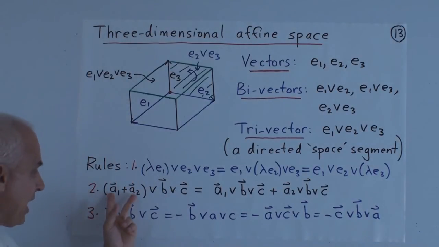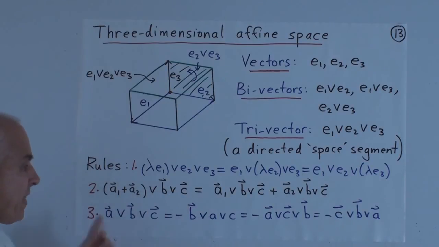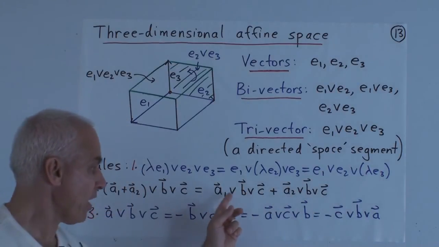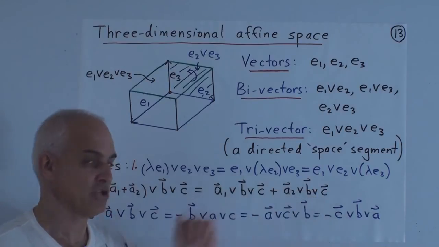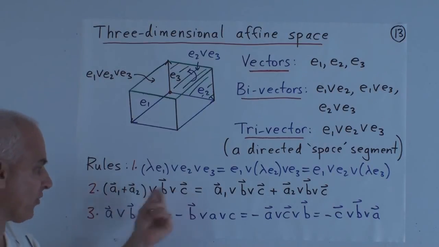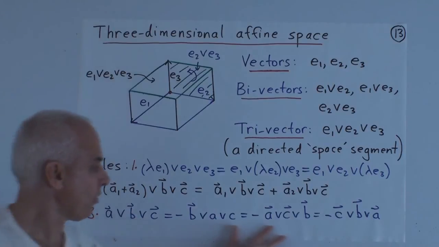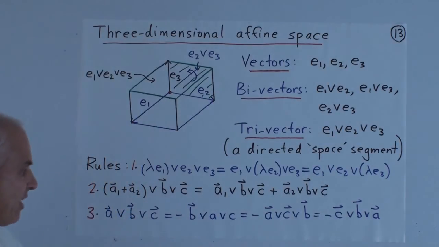We require that this thing be linear in any one of the components. So if we have A1 plus A2 wedge B wedge C, then that's the same as this trivector plus this trivector: A1 wedge B wedge C plus A2 wedge B wedge C. And that works not just in the first component, but also in the second component, and also in the third component. And we can get at that by this third rule, which tells us what happens when we interchange 2 vectors in a trivector.